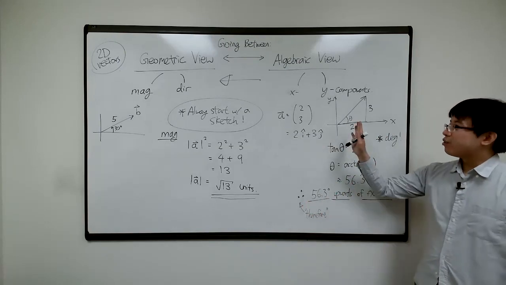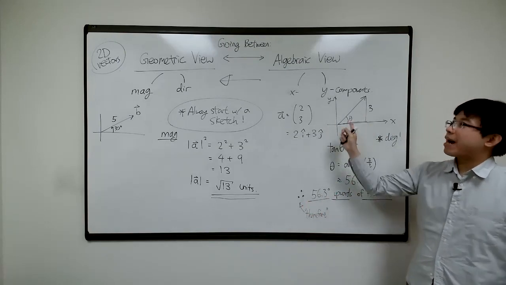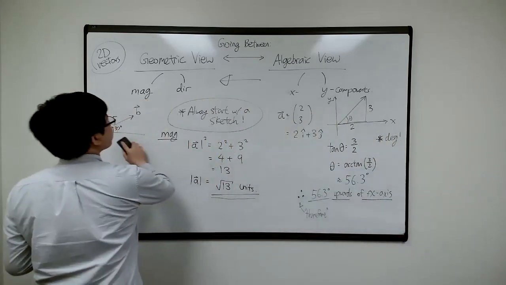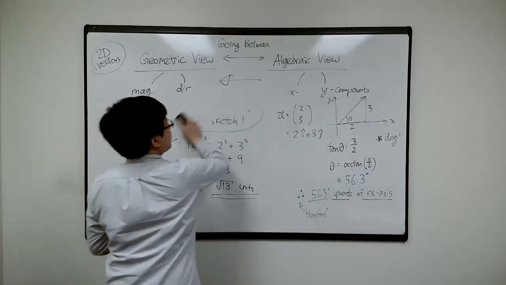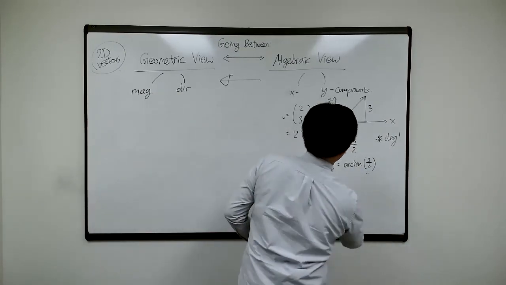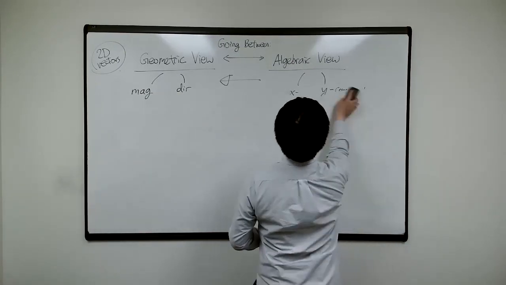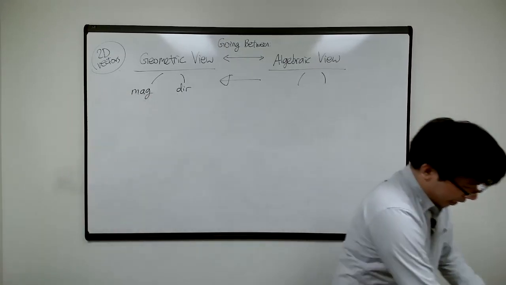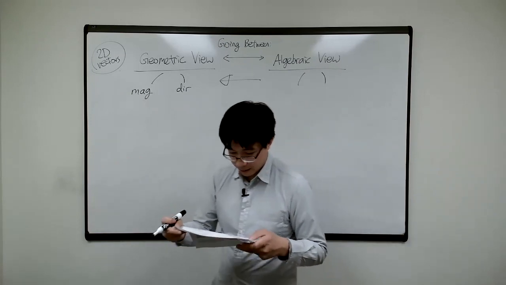All right, so that's an example of how you go from algebraic to geometric. Let me do one more example before I show you the other way as well. So let's this time have another one.